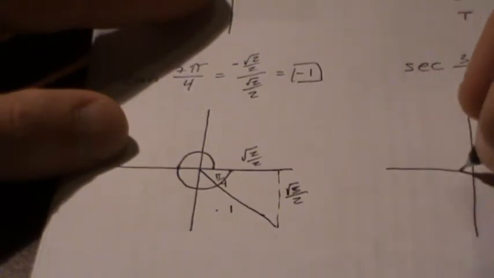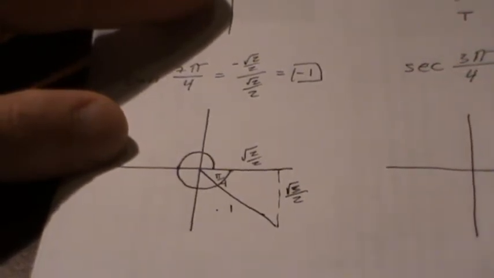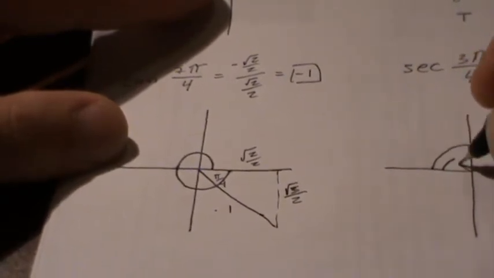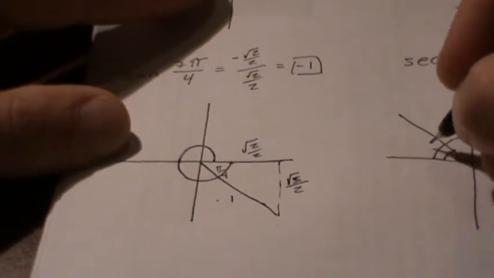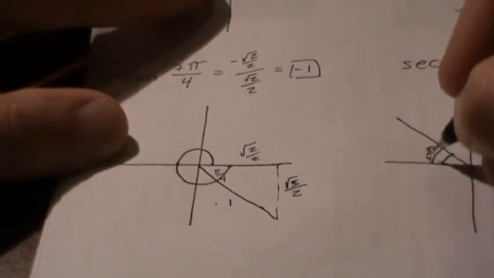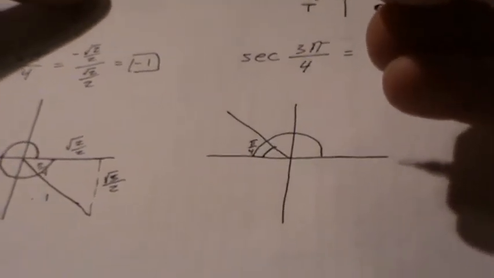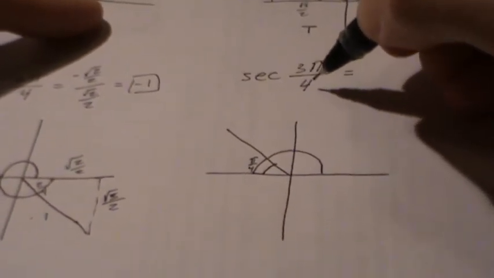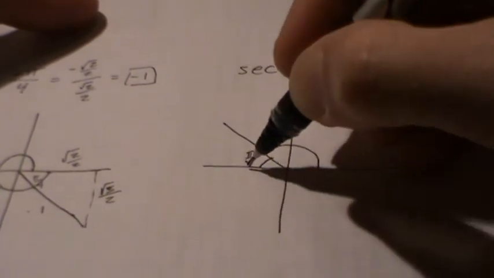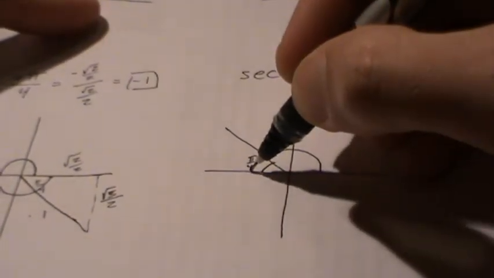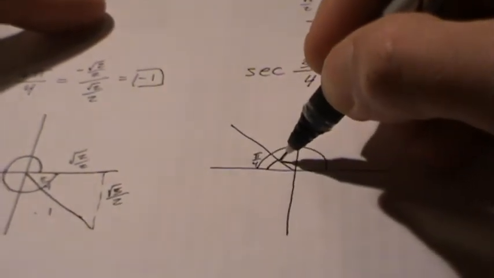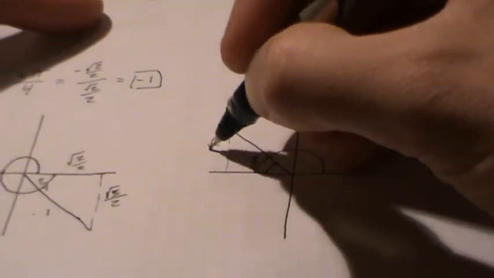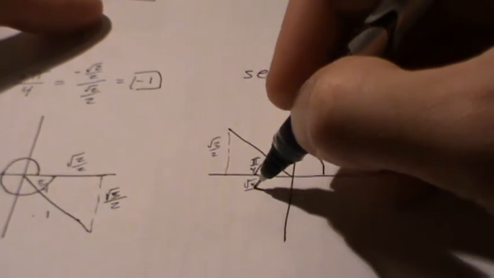So I draw my little box. I go to 4 pi over 4. I back up 1/4 of a pi. So I know that this is pi over 4. I'm doing secant of 3 pi over 4. So I go up to 4 pi, back up 1/4 of a pi, put my special triangle here, square root of 2 over 2, square root of 2 over 2.